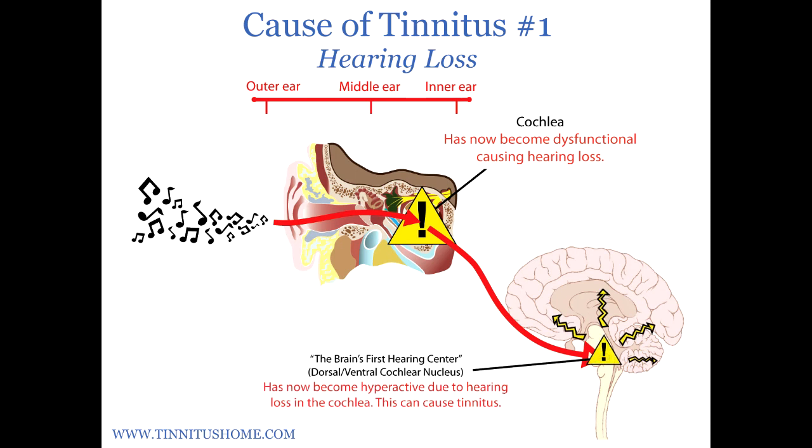To be more specific, it is only the dorsal cochlear nucleus section of the first hearing center of the brain that becomes overactive. This hyperactivity of the first hearing center of the brain then gets transmitted to the other hearing centers of the brain, which is then perceived as tinnitus.